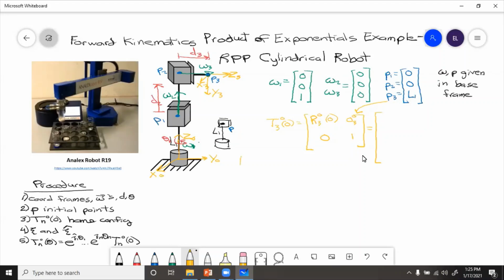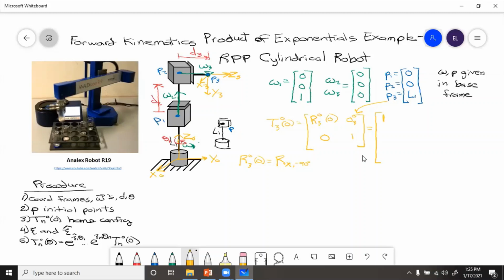So R3 0 initially is a rotation around the X axis that is negative 90 degrees. Well, we know how to do that.